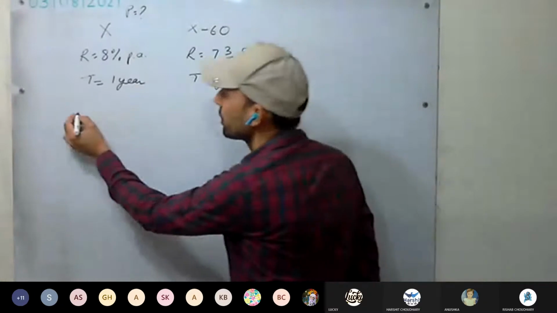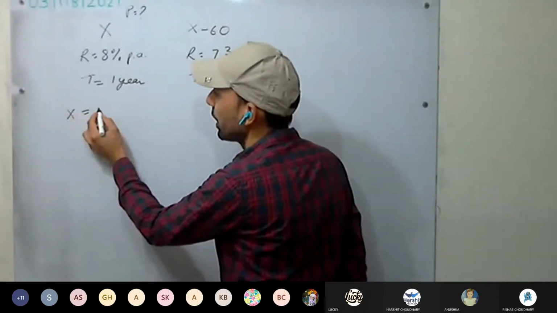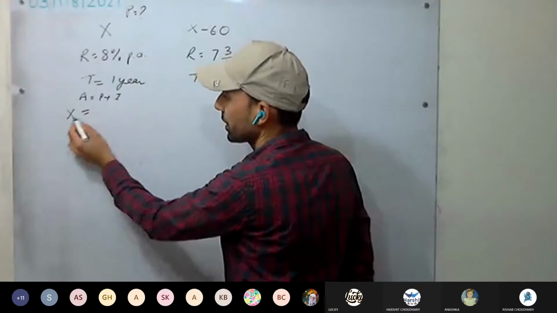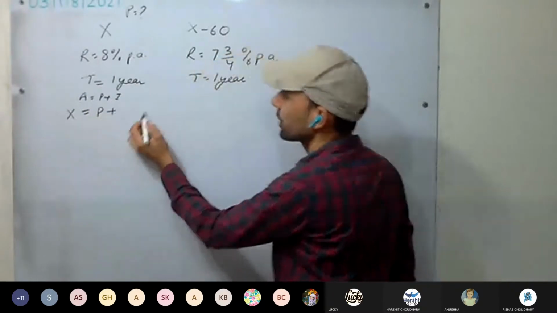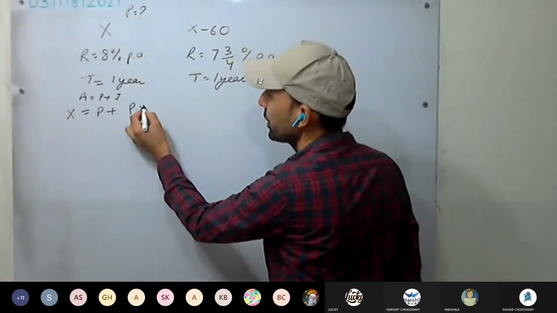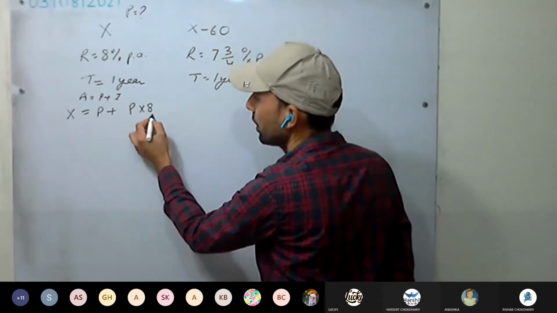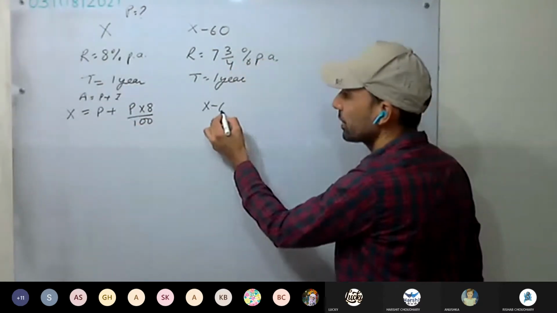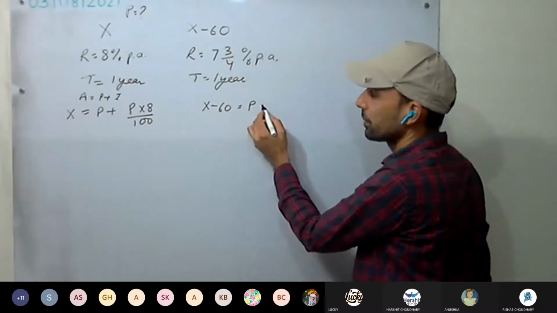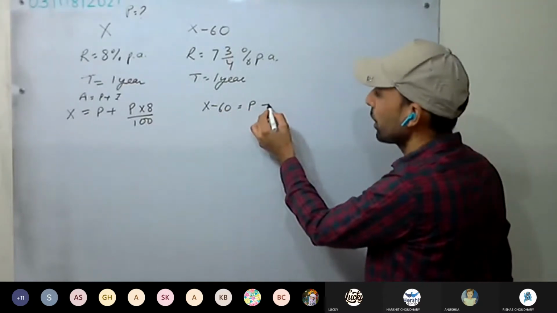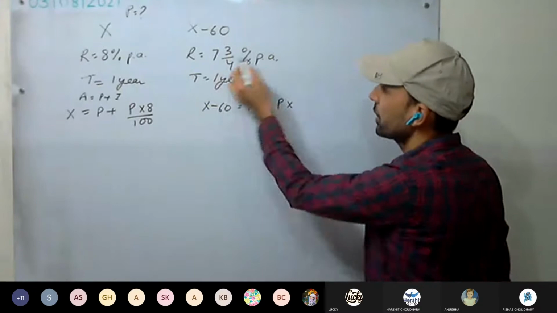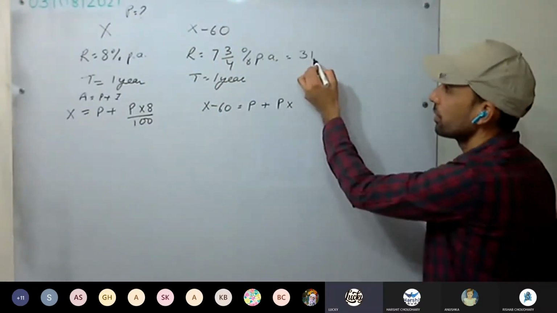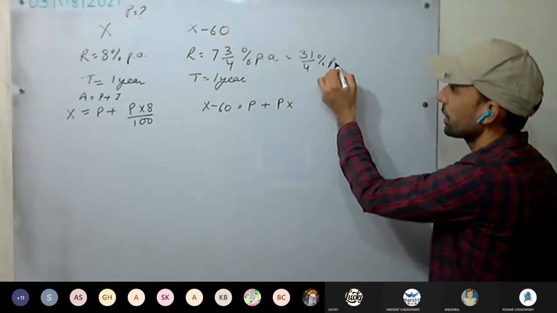If you take the income x, equal to amount, which is principal plus simple interest, it will be P plus P into 8 into 1 upon 100. Here x minus 60 will be P plus P into 7 3/4, which is 31 by 4, percent per annum.